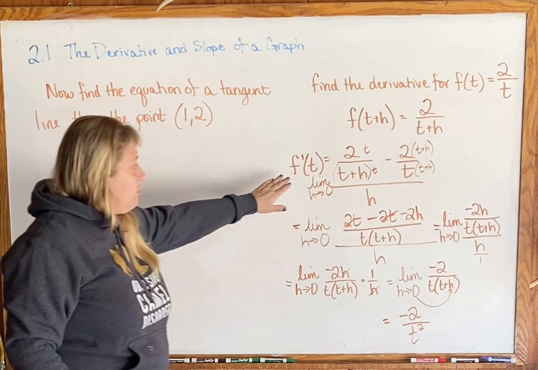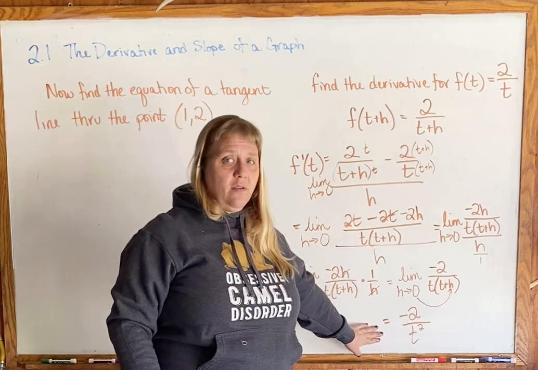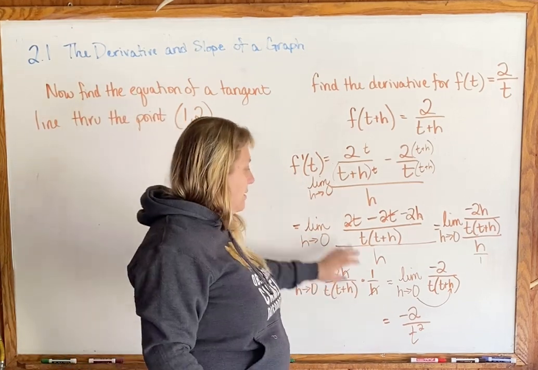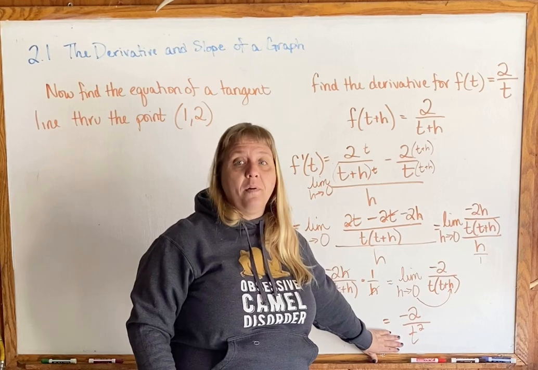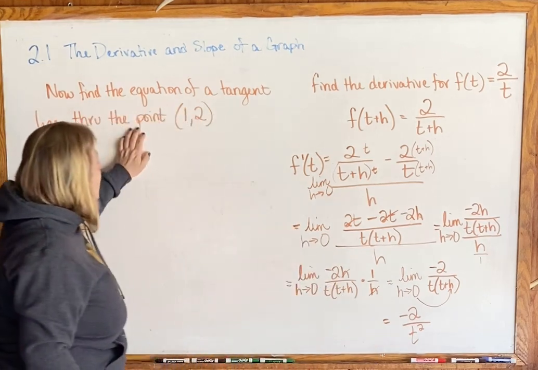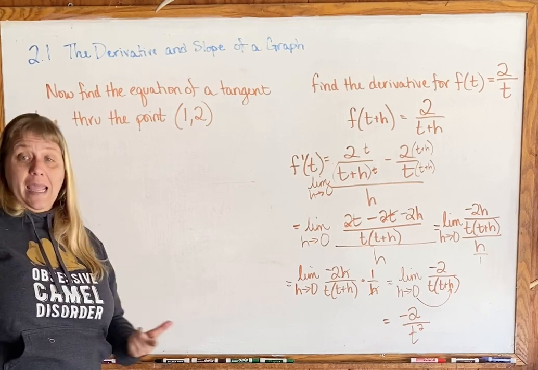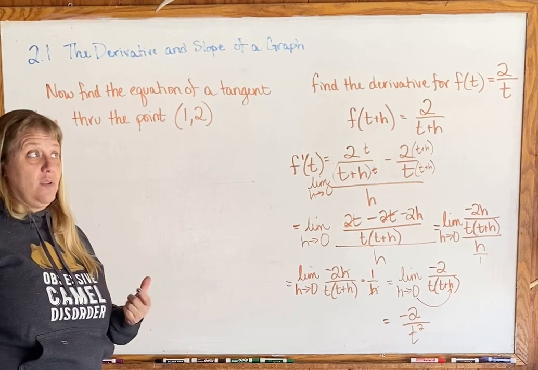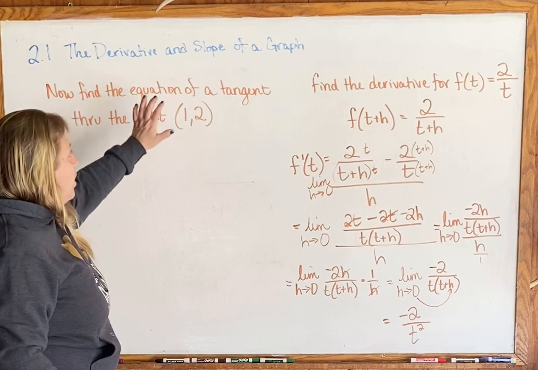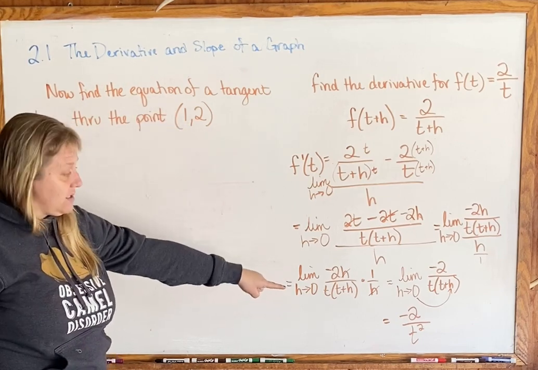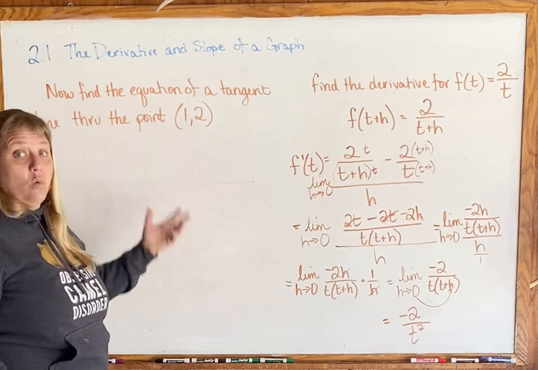Now remember, this derivative formula here that they've given us, this is the slope of the tangent line. Now if we want the equation of the tangent line, don't we need the slope and a point? Okay, we need both of those, a slope and a point. Well, if we can find the slope, we've got our point, we're good to go.